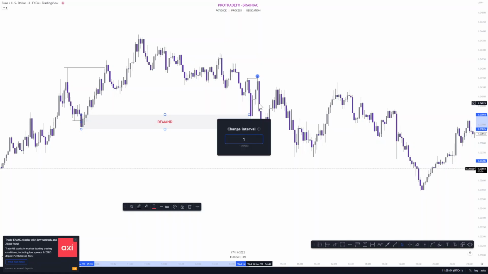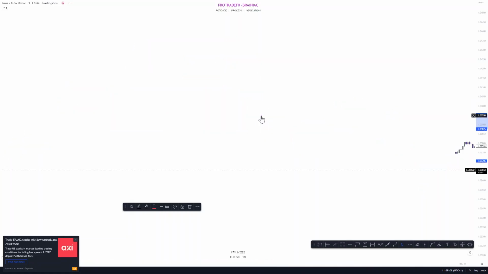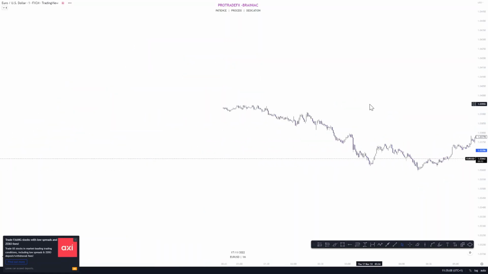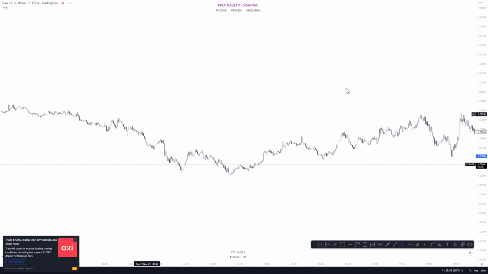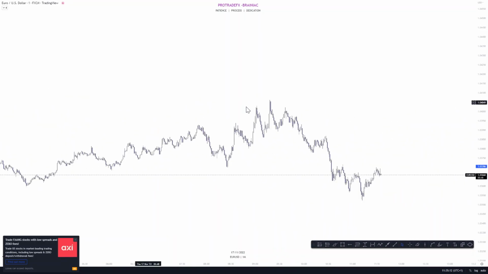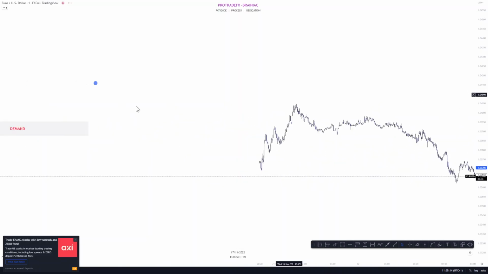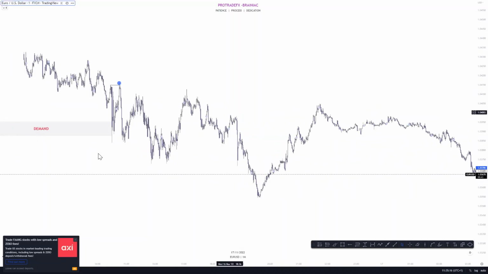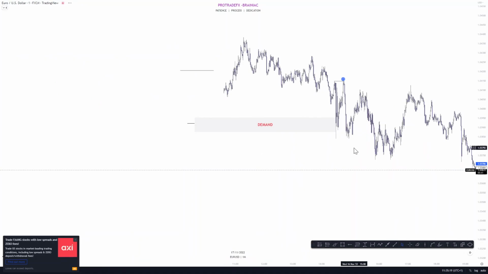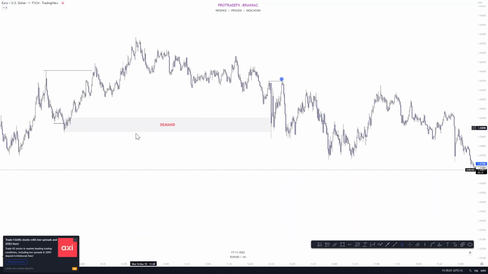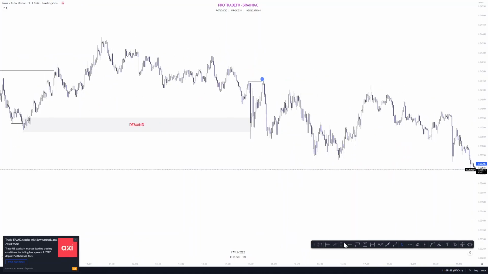Let's go into the 1 minute to make things clearer. Okay. Back to what I'm explaining right there. So you see that our demand at this point was this, and on the 1 minute, we see that this was the last zone that was not fully mitigated, which is now potentially our supply zone.